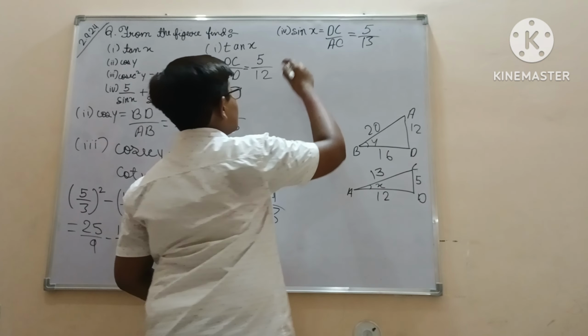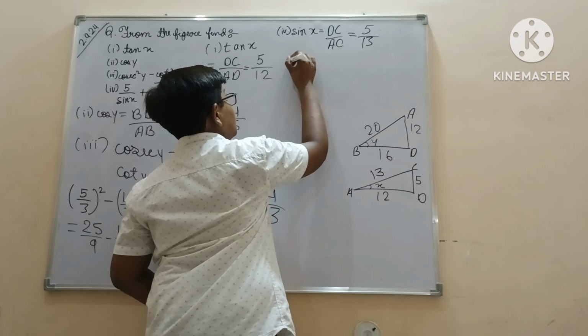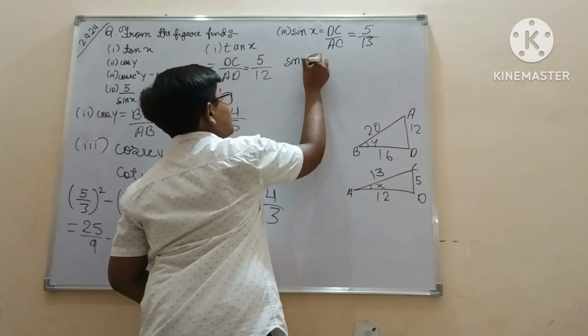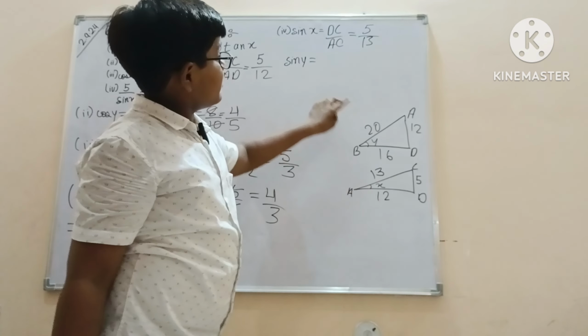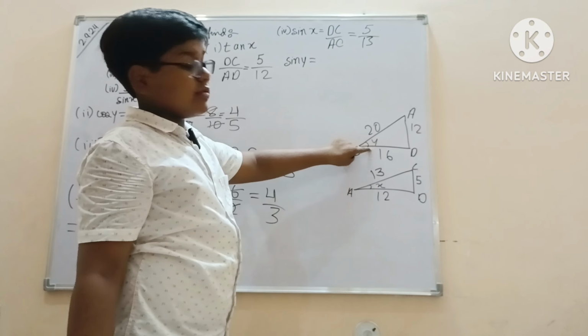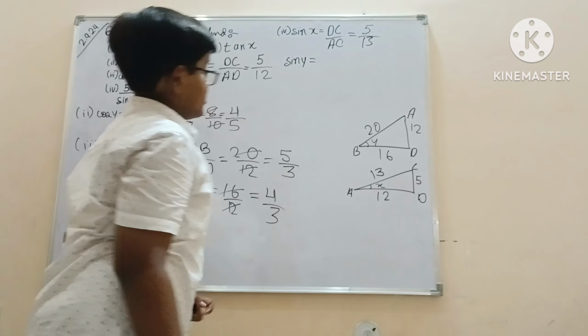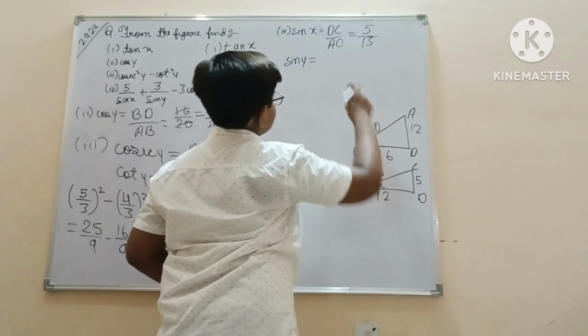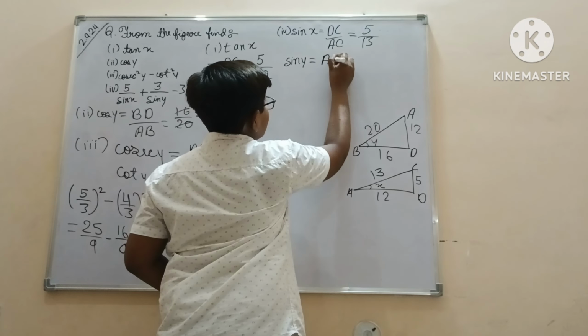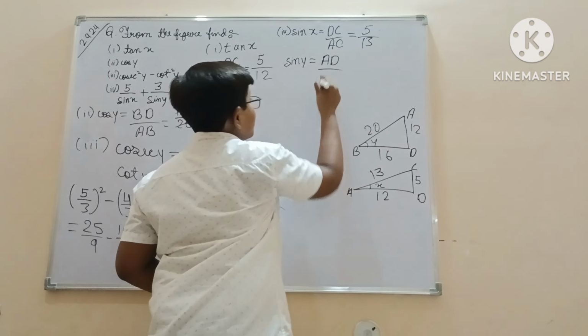Now we will get the value of sin y. For sin y, this triangle will be considered as there is y over here also. So sin's formula is height divided by hypotenuse, so height is AD and hypotenuse is AB.